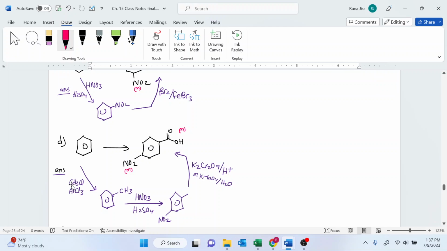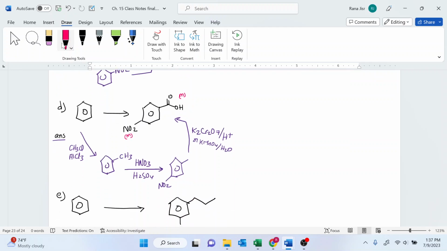So I'm using here the simplest alkyl halide with AlCl3. Do Friedel-Crafts. Friedel-Crafts happens because there is no electron withdrawing group on the benzene. So this one is going to happen. I'm going to make my toluene. So you have your toluene in there. The moment you make your toluene, this is an ortho-para director.